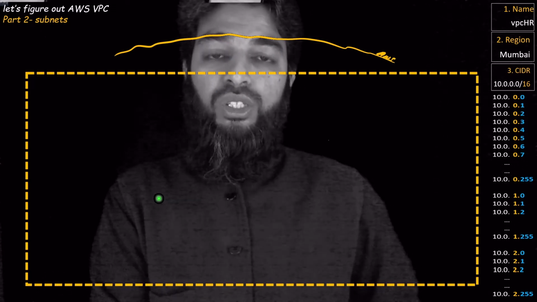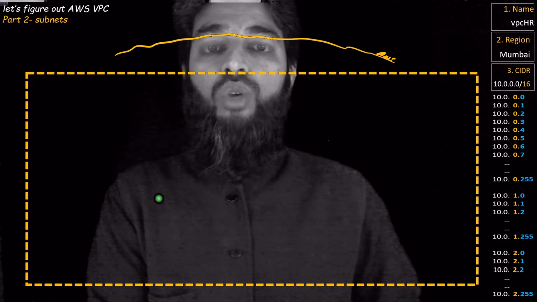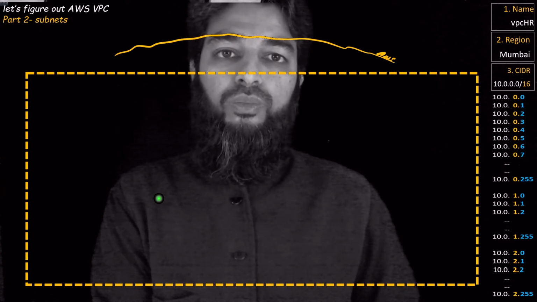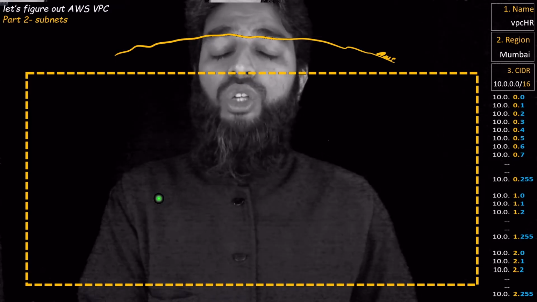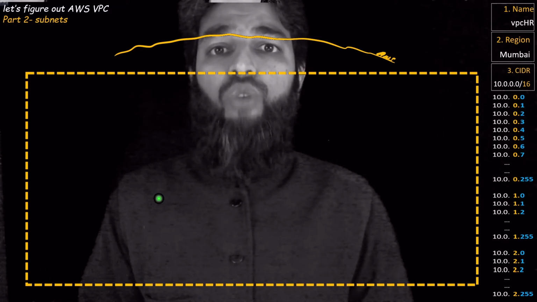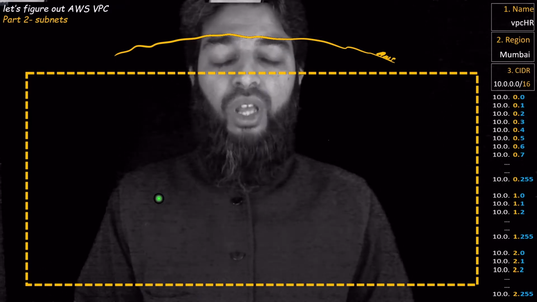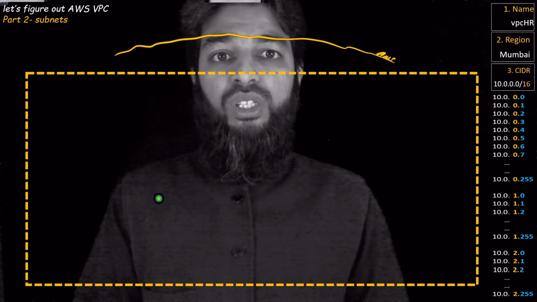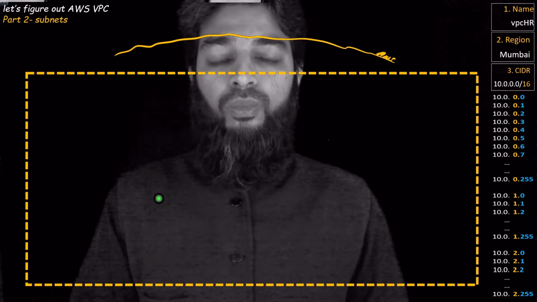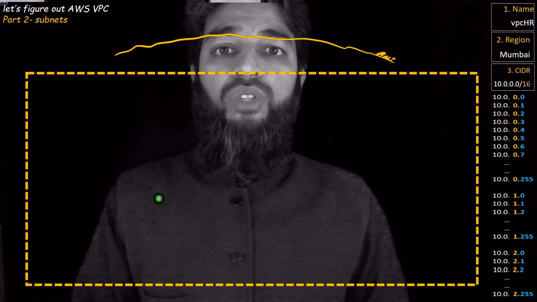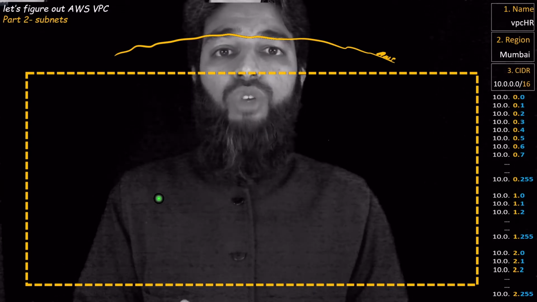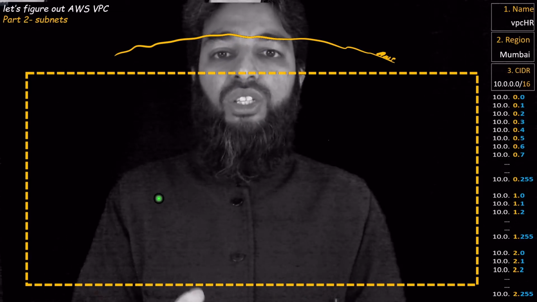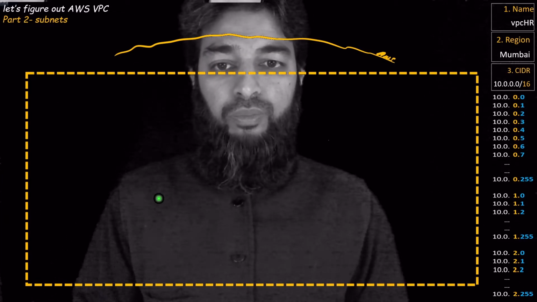Whereas your database server should be isolated as much as possible. It should not be exposed to the internet. Your database server should only be accessed by your web server within the VPC, right? So two different resources, two different rules. So how do you achieve this? You achieve this by further dividing your VPC into smaller areas called subnets.